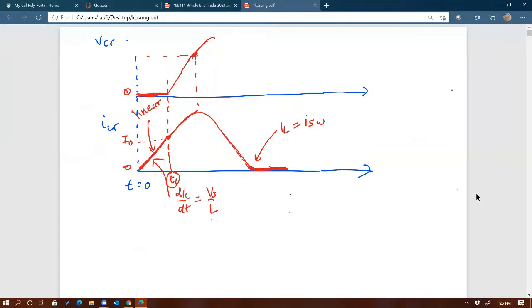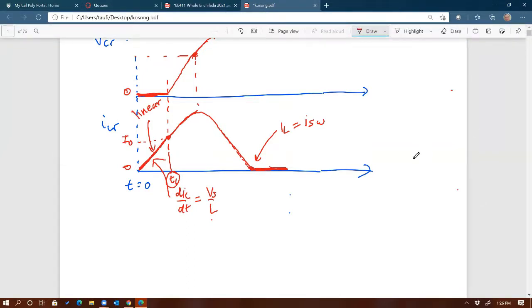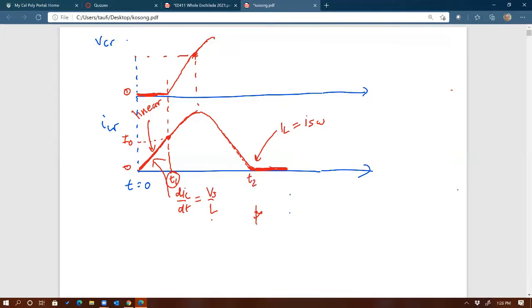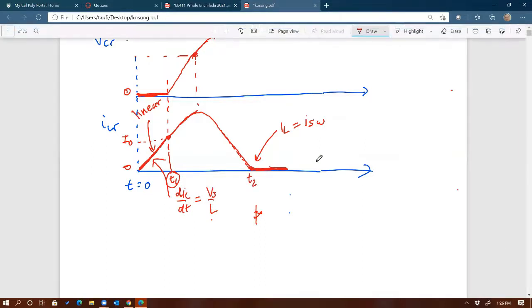All right, now tell me, when will be a good time for us to turn the switch off? If this is equal to T2, when will be a good time to turn the switch off? At T2, or anytime after T2?